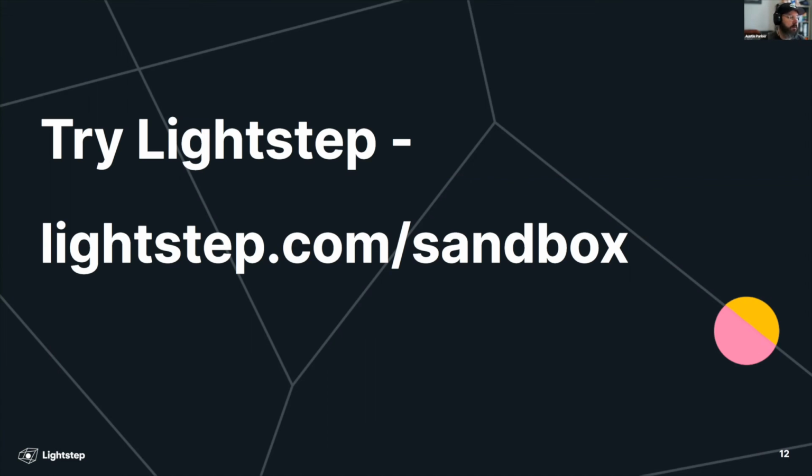We have a couple of questions in the queue here. The first one is, how do you get started with OpenTelemetry? Yes. OpenTelemetry is an observability framework.